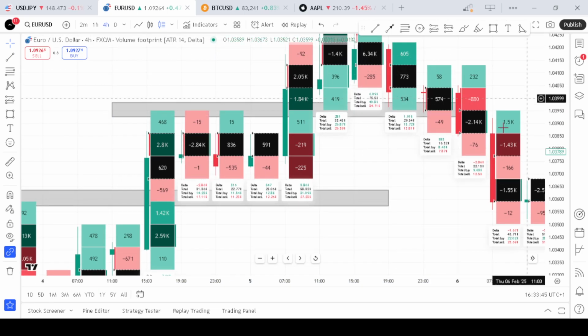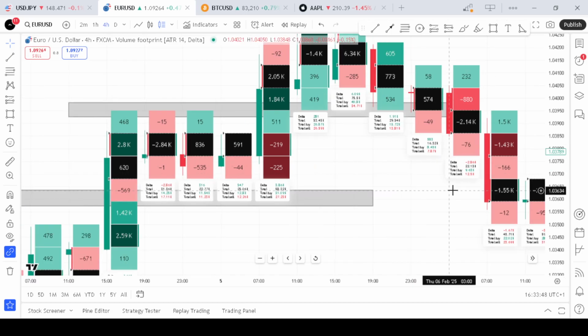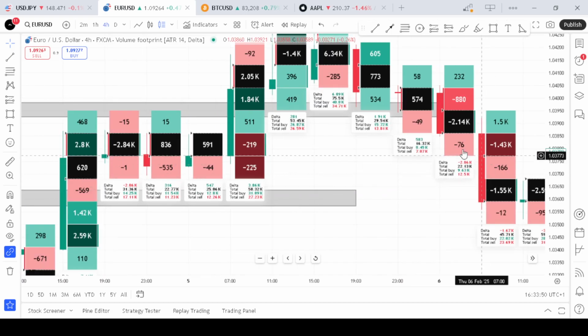But when price got to this area, we can see negative delta. So you have to be conscious when price is coming to an area of support but it is not accompanied by a positive delta. The delta remains negative. This indicates that a weak or unsustainable move will occur. This divergence often precedes reversal. It is a sign of reversal.